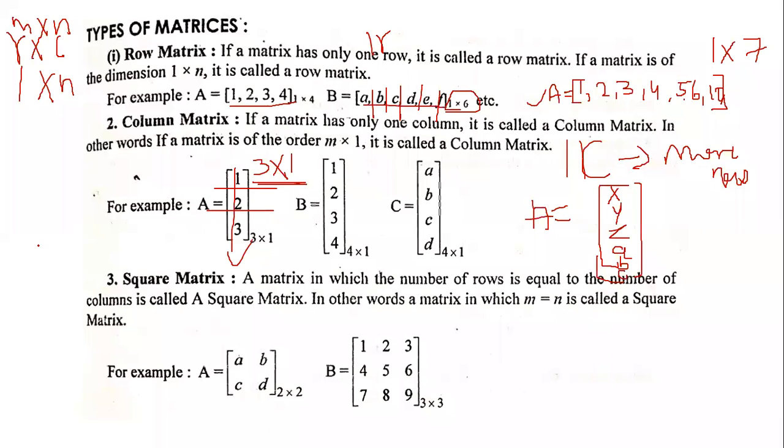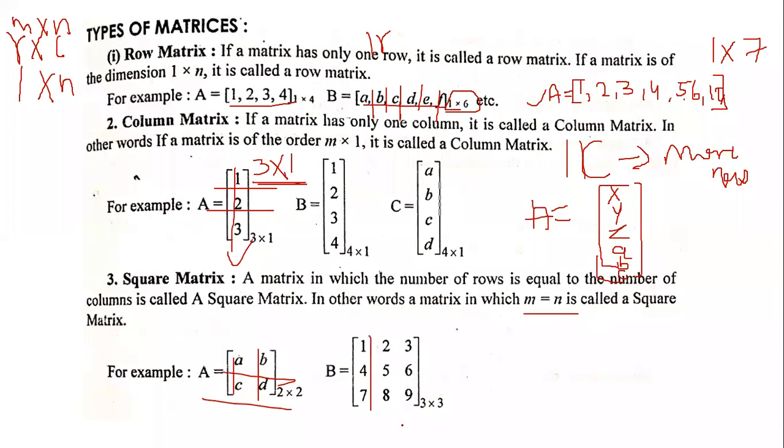Okay. Now, moving on to the next type of matrix, the square matrix. In a square matrix, the number of rows will be equal to the number of columns. If you see this example here, you have 2 rows and 2 columns.